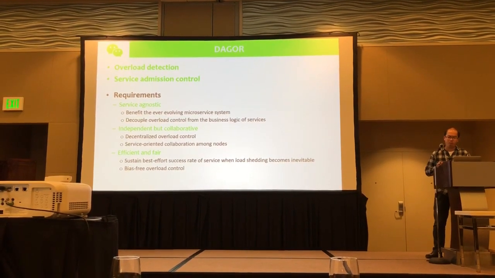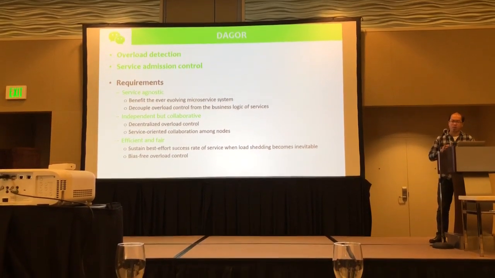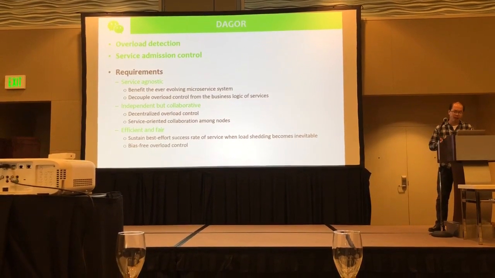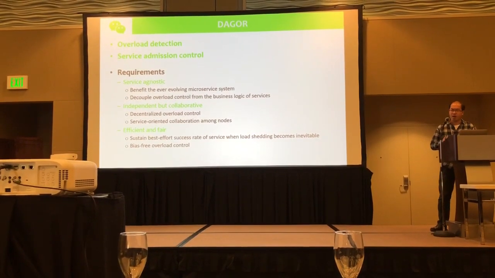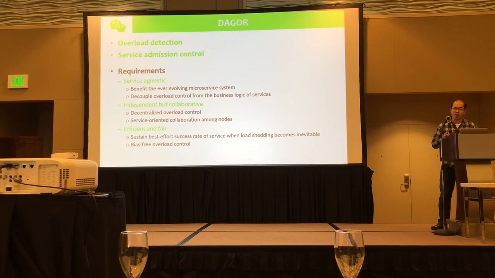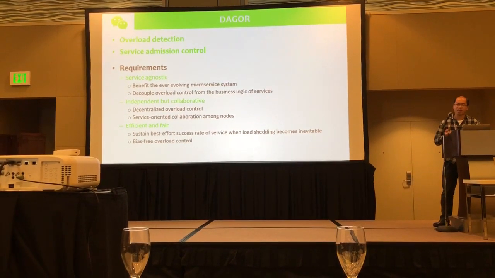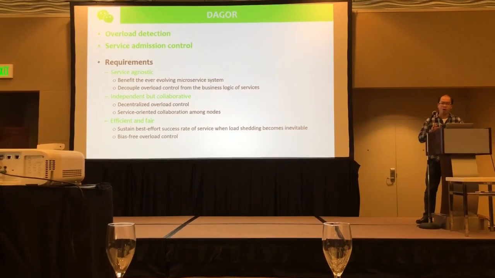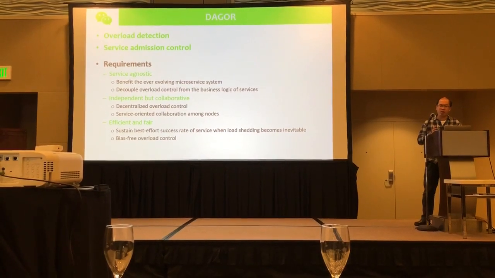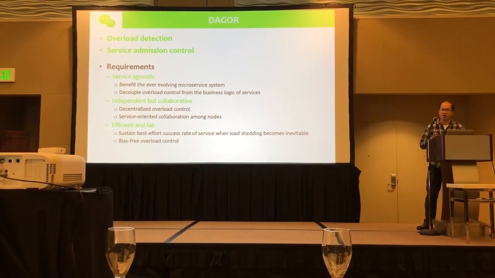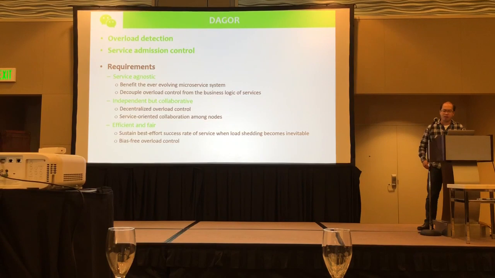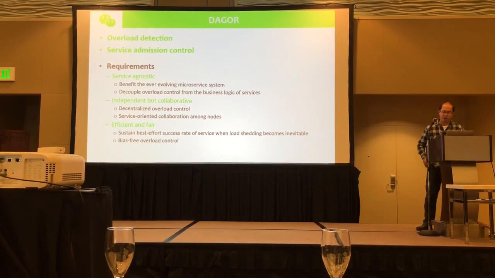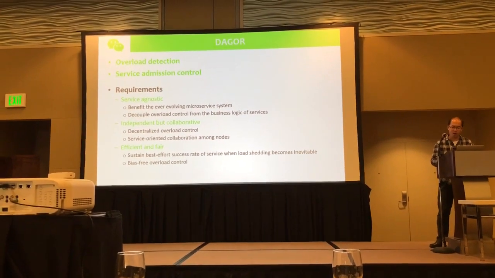We don't want to emphasize any bias on the overload scenario. Even if the microservice calling path is very complex, we still want different kinds of requests to share the same rate of overload load shedding.